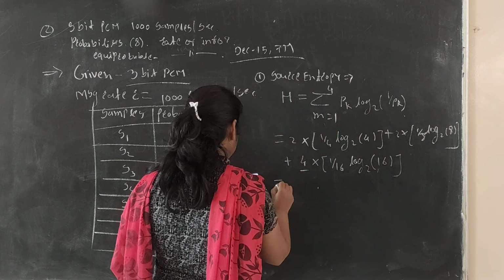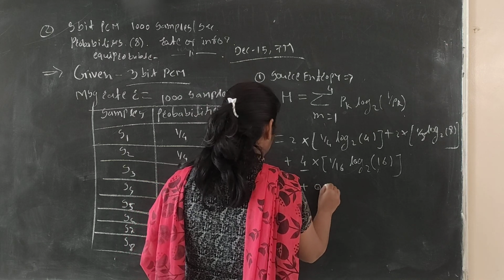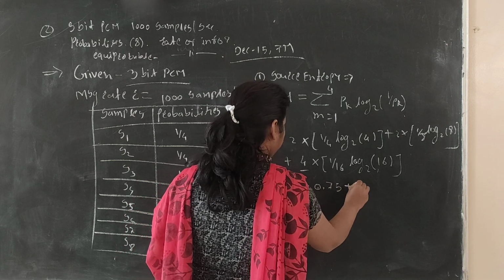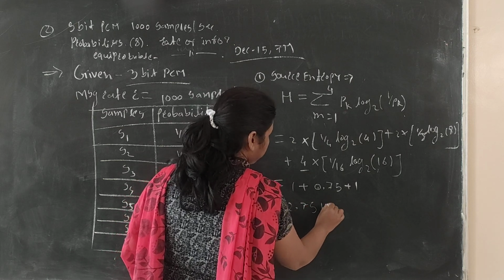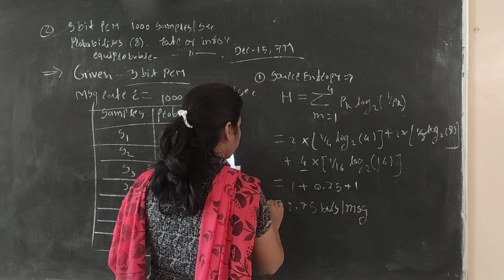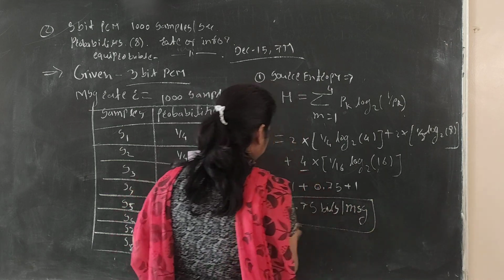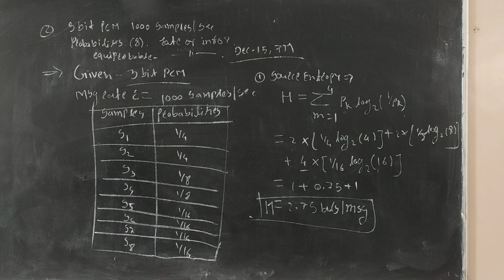By calculating this, we get 1 plus 0.75 plus 1, and here we get 2.75 bits per message. This is the entropy for the original one.